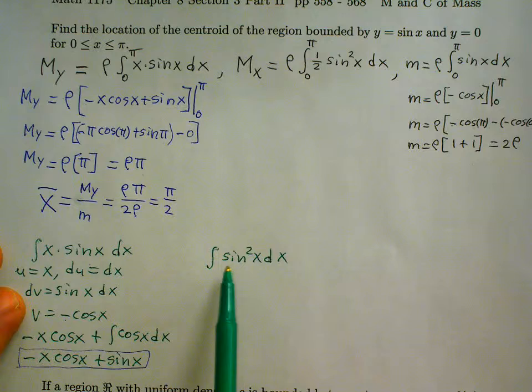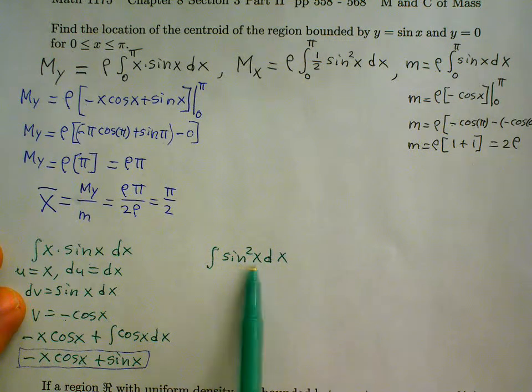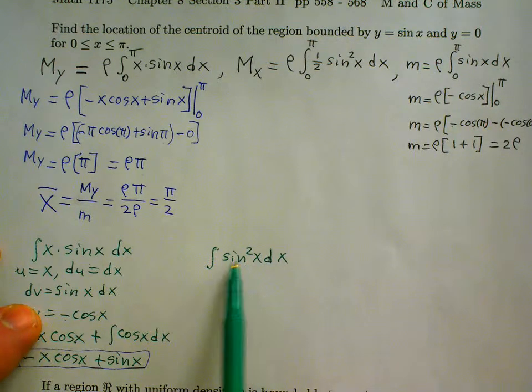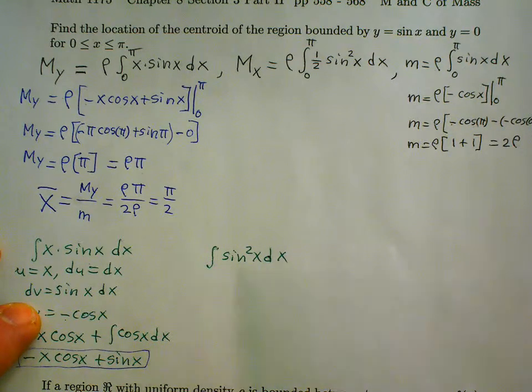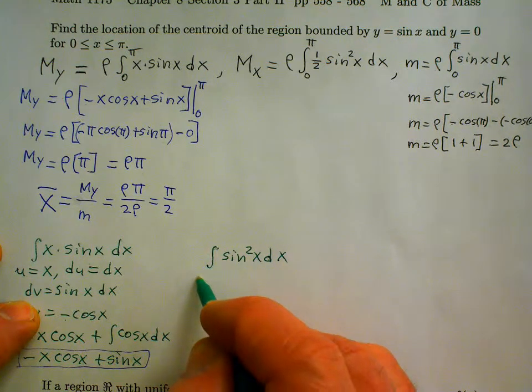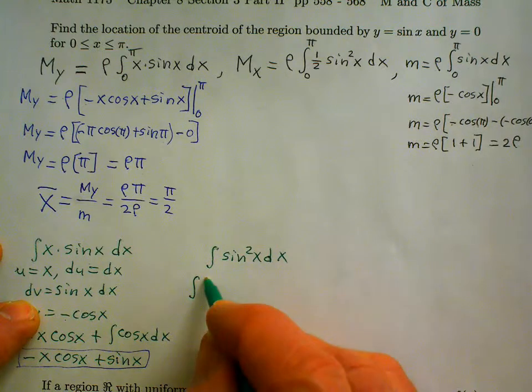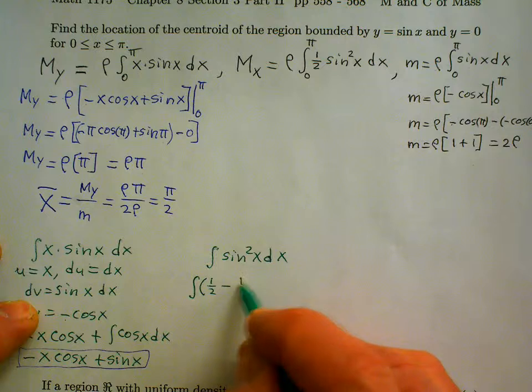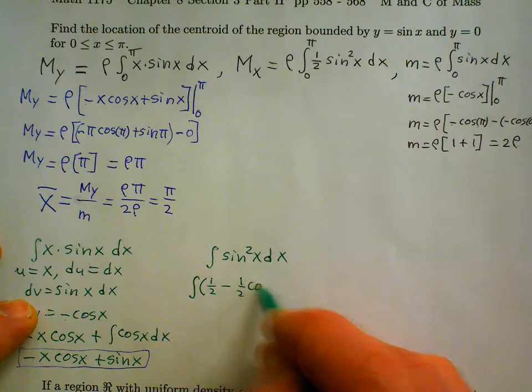Well, my go-to identity if I want to integrate sine of x squared is to replace sine of x squared with 1/2 minus 1/2 times cosine of 2x. Remember that identity? So we'll transform this integral to the integral of 1/2 minus 1/2 times cosine of 2x.